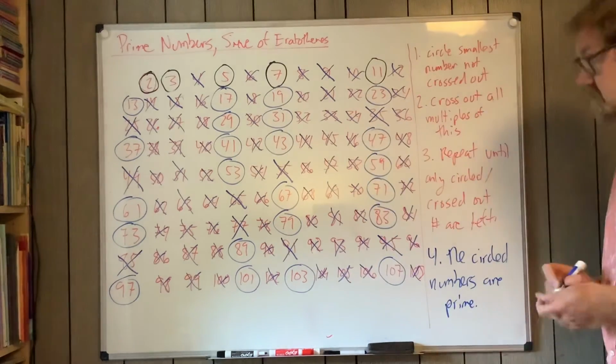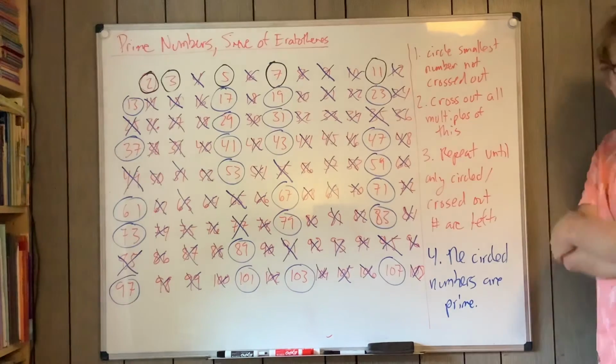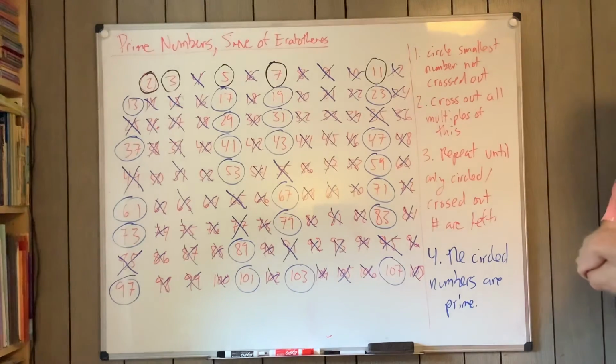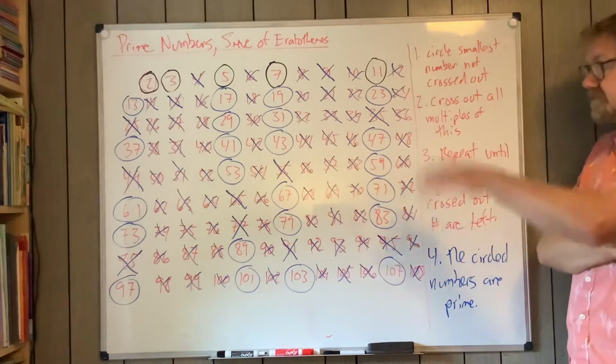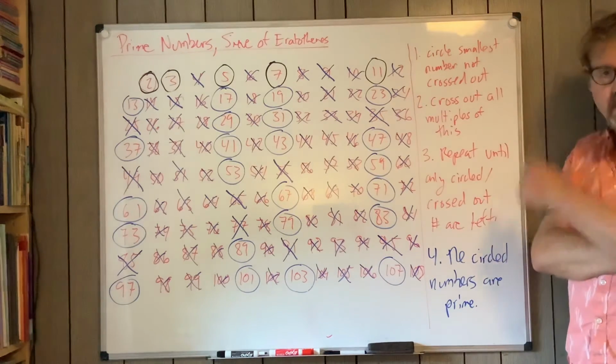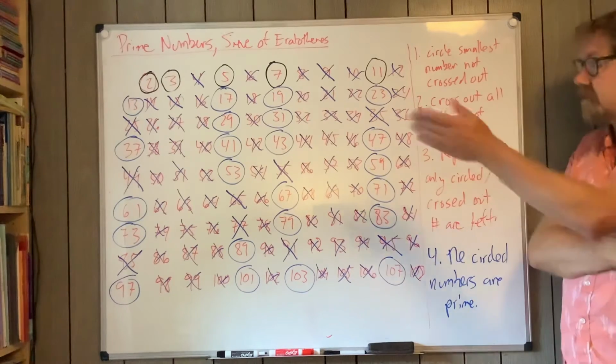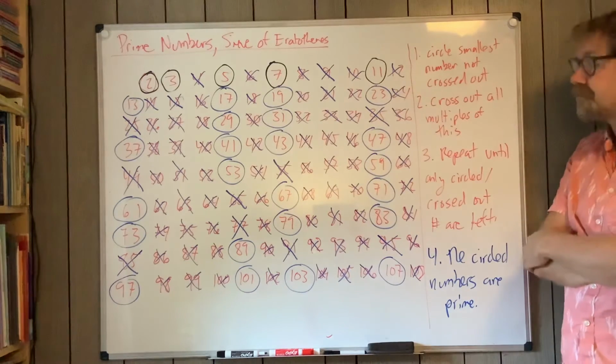Okay, good. All right, so this is pretty nice. Basically, all we're doing is crossing out in a systematic way all multiples of numbers, starting at the smallest ones and going up.